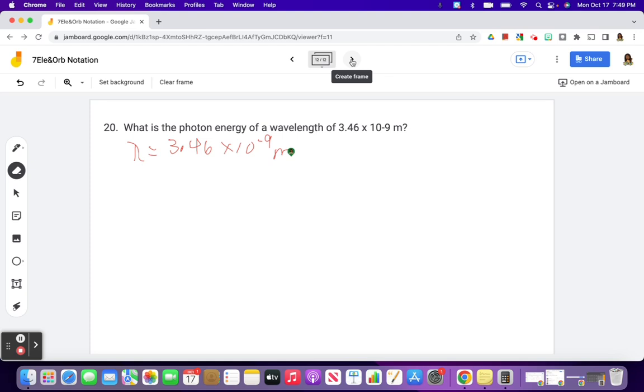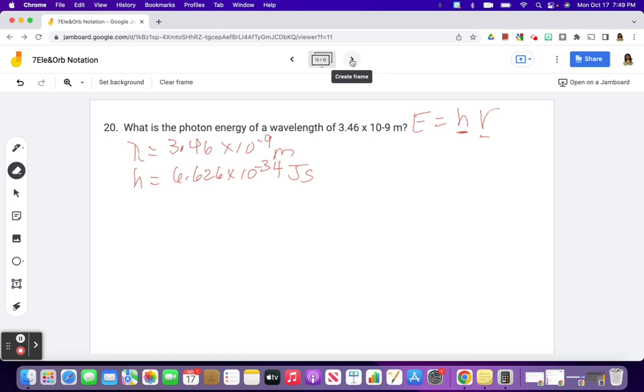But since we're solving for photon energy, we know that equation is E equals Planck's constant times frequency. We do know Planck's constant, so we could write that down as one of our known variables. But we do not have frequency. How can we solve for this?